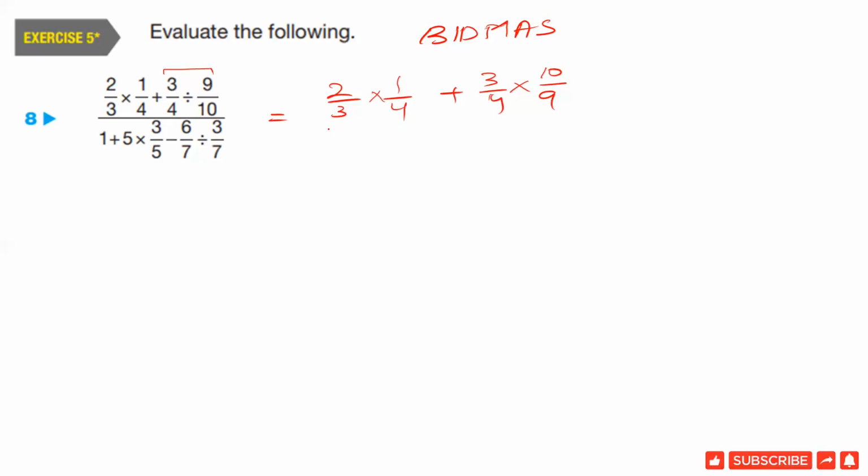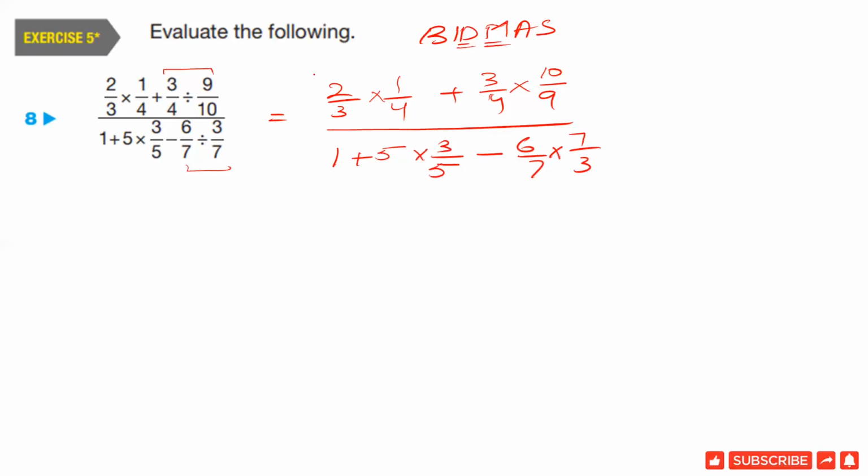Then we can do the rest was 1 plus 5 times 3 by 5 minus 6 by 7. Now division we shall solve also. Multiply 7 by 3. The next fraction is inverted. So now we apply multiplication now. Because after division you have multiplication.